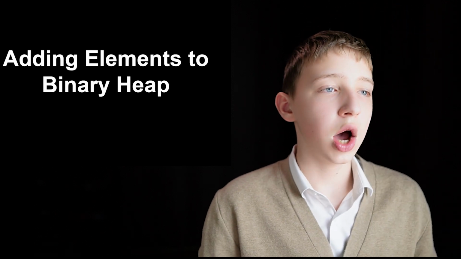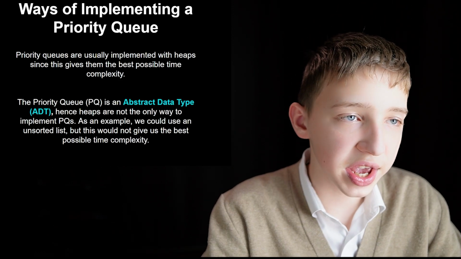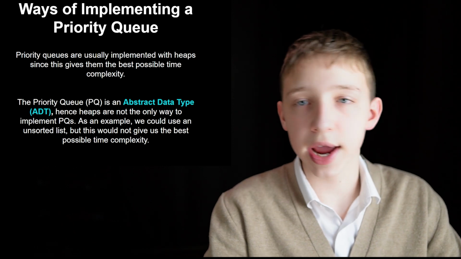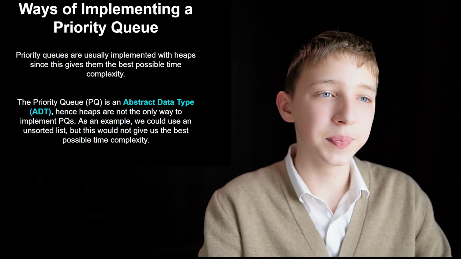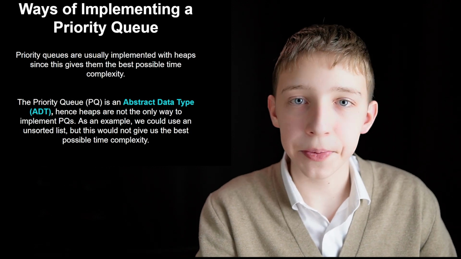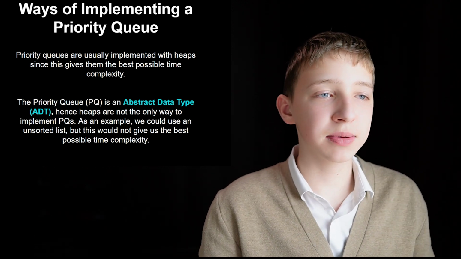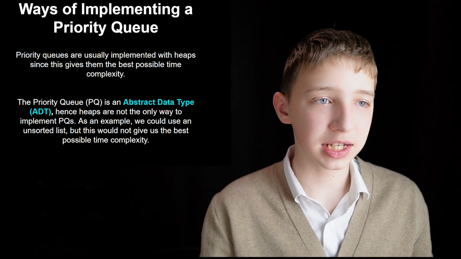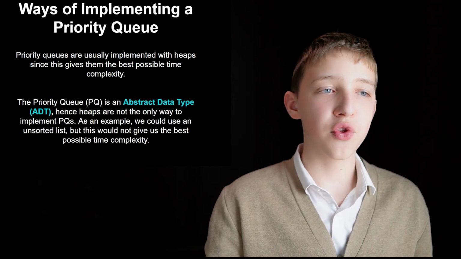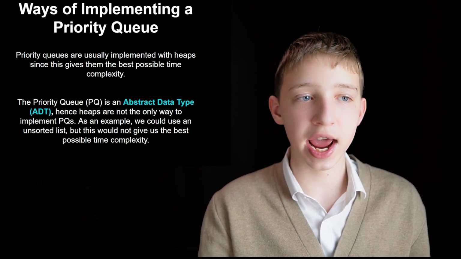Okay, so the first thing is that a very popular way to implement a priority queue is to use some kind of heap. This is because heaps are the data structure that give us the best possible time complexity for the operations we need to perform on a priority queue.